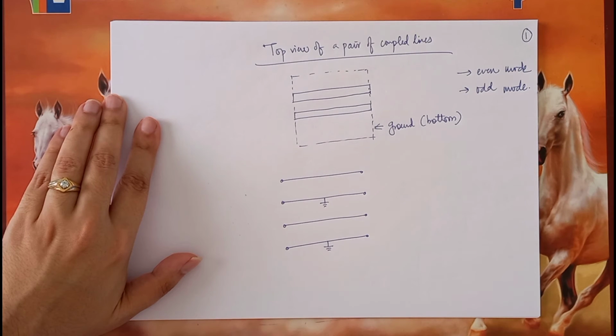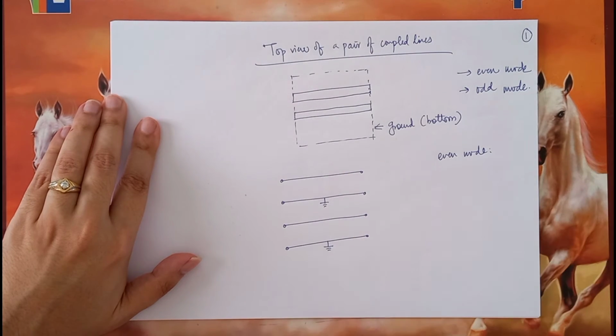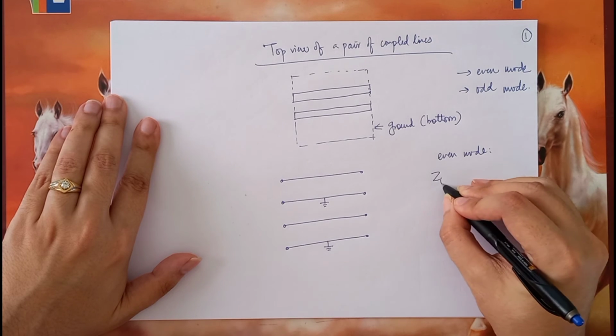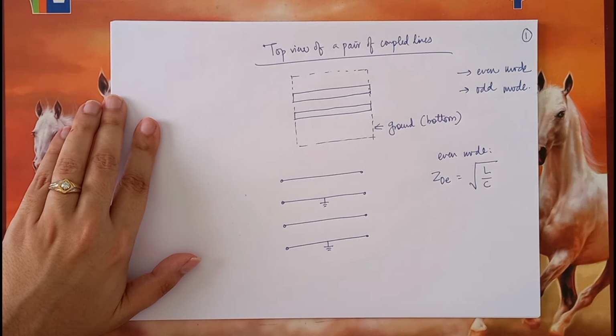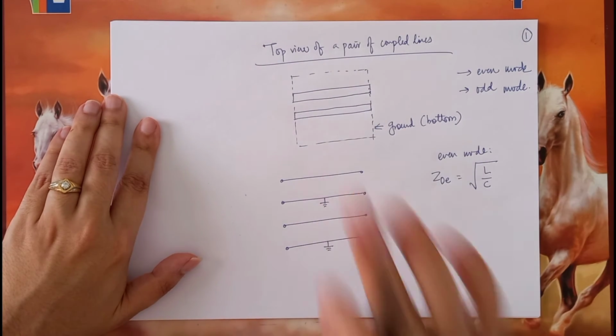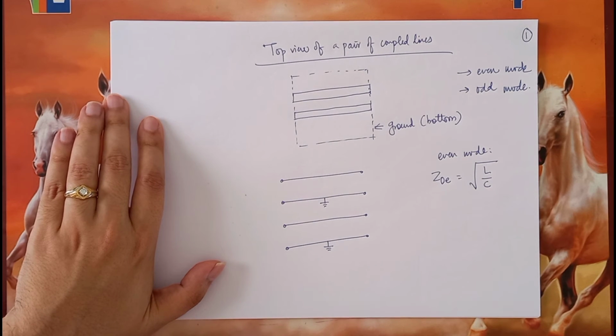In the even mode, we could treat each line independently and say that each line has a characteristic impedance called Z0E, which is equal to square root of L by C, where L and C are the per unit length inductance and capacitance respectively of each of these lines. We will assume that each of these two transmission lines, or each of the conductors, are identical to each other.